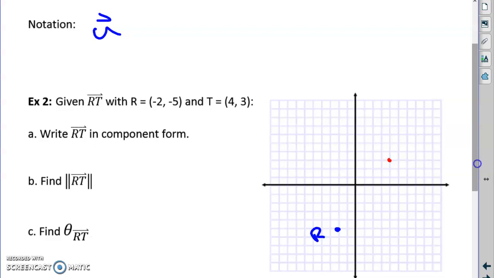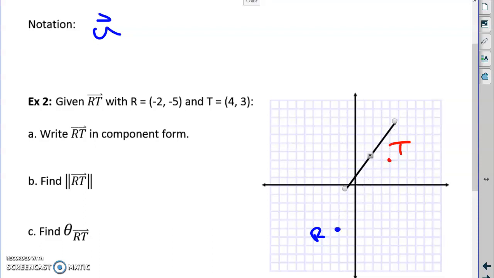I'm going to try to be accurate with this vector, because what I would like to do with it is move it such that the starting point, R, is actually the origin.